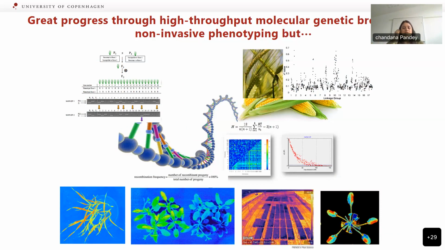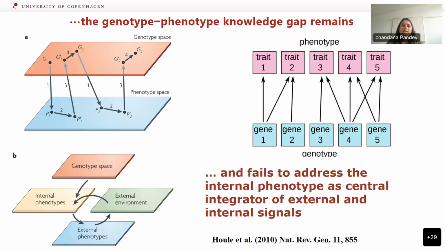But the point is how we can connect these two parameters, from phenotyping to genotyping. And this is where the gap comes, genotype to phenotype. And how can we fill this knowledge gap, either by assessing the plant physiology at the internal level or via the external level, how the environment is affecting it.